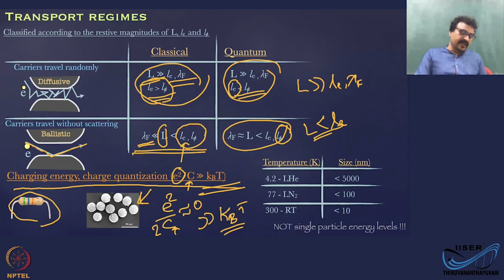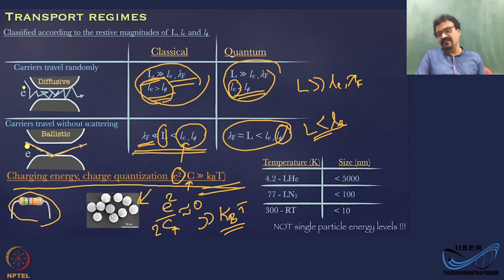Okay. And this chart summarizes the size scales that one needs to reach to observe this single electron charging phenomenon. At 4.2 Kelvin, or liquid helium temperature, you can see it for sizes less than 5 micrometer.